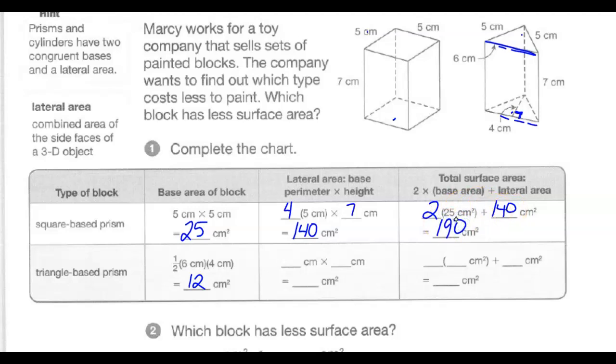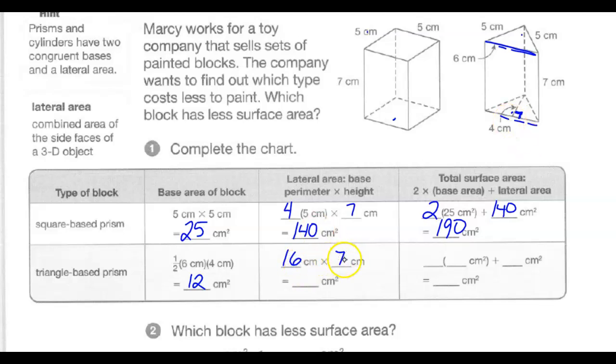Let's go finish off the triangular based prism. So what are those sides? So here the sides around the triangle, so you can look here at the bottom or the top, they're going to be the same. So that's 6 plus 5 plus 5. What's that? 16. And then the height there is 7.